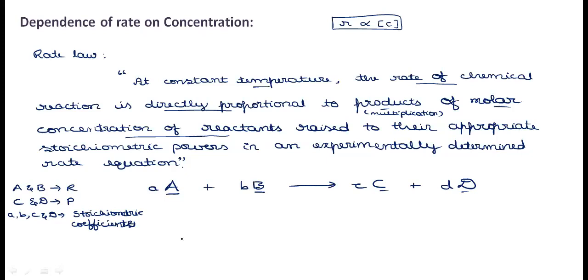whether it may be equal to 1, greater than 1 or less than 1. Now, in such a general expression form, the rate law explains that the rate of a chemical reaction is directly proportional to the product of molar concentrations of the reacting species. How many reactants are there? That many square brackets to indicate the concentration. So you write them one after the other.